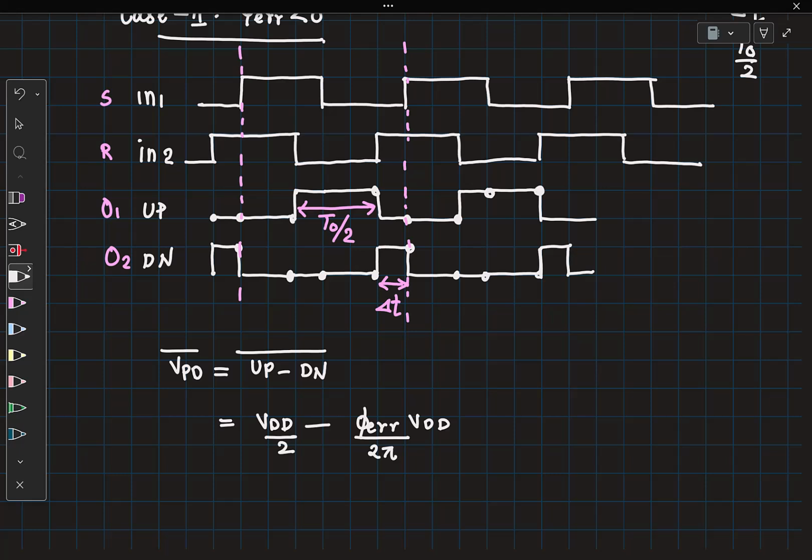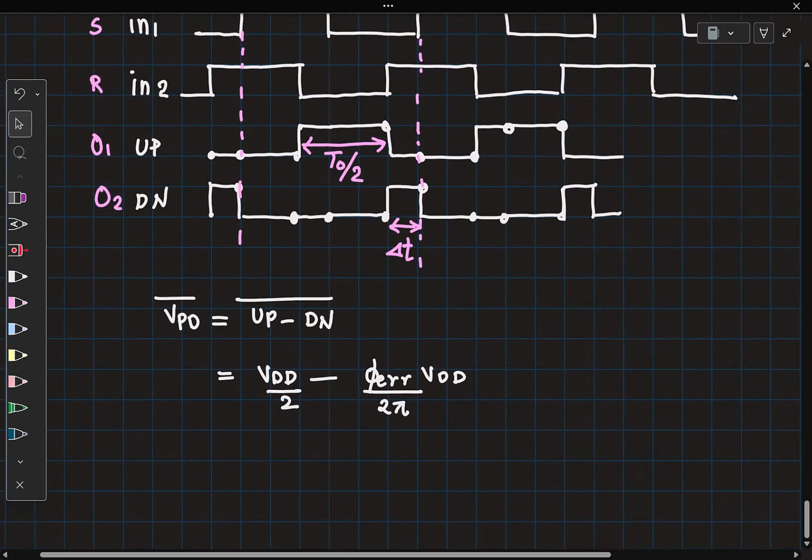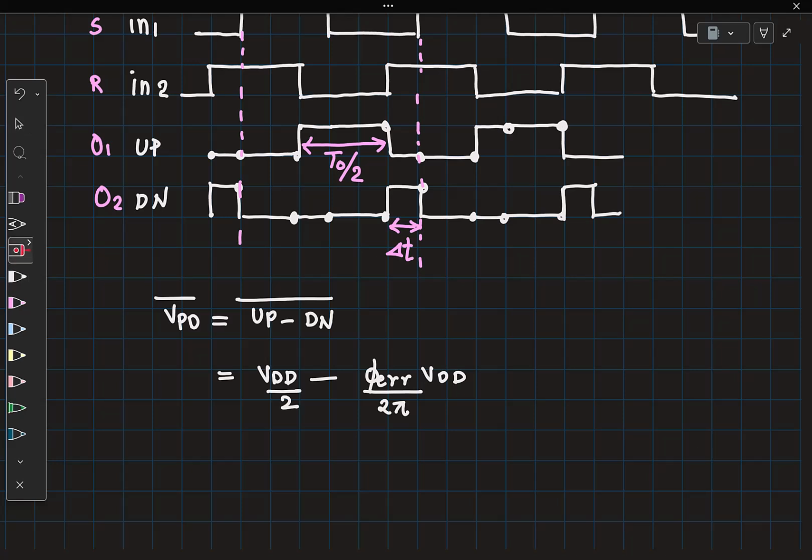Anything else that I need to do here? This is being done for the case where the phase error is negative, so whenever I substitute the value of phase error here, I'll be putting a negative value. But that information is already captured in this negative sign, so I can put a mod here, and then take VDD by 2 as a constant outside. I'll get 1 minus phase error by pi.